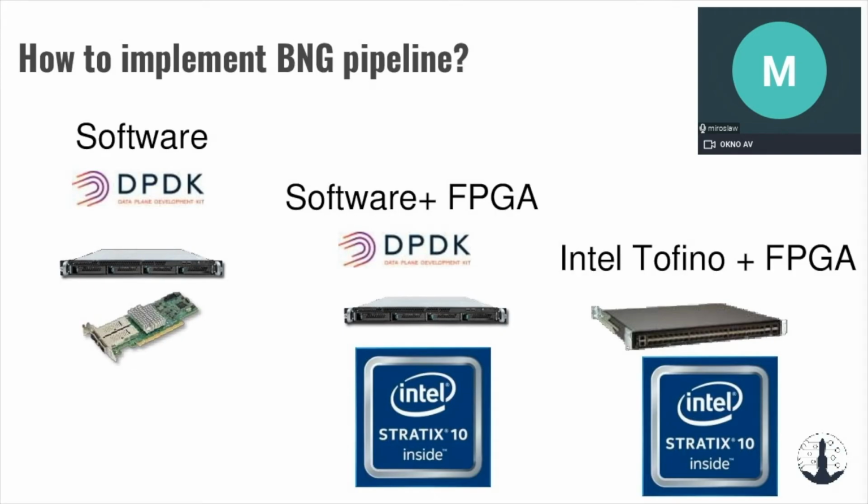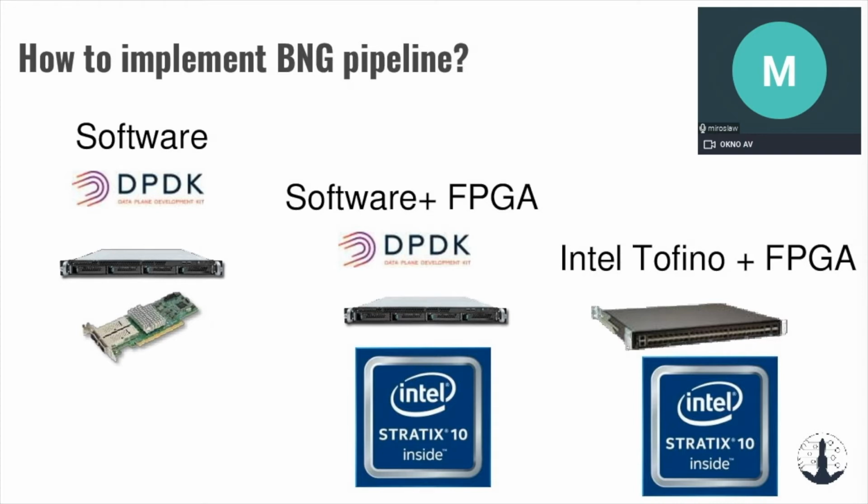How we can implement this BNG pipeline. The first way is a pure software implementation. You can get a server, you can get a NIC, a network interface card, connect it, and you can do the processing inside of the software.